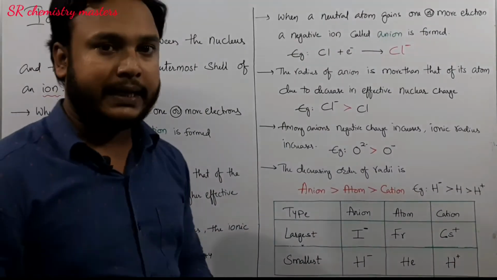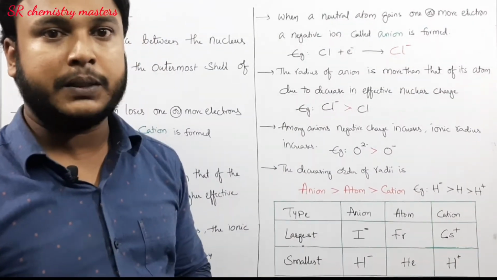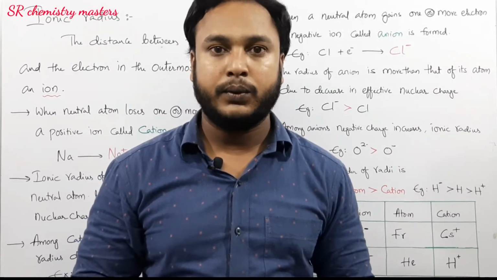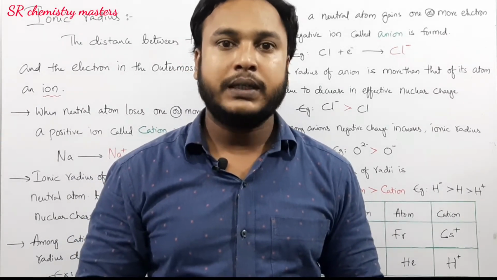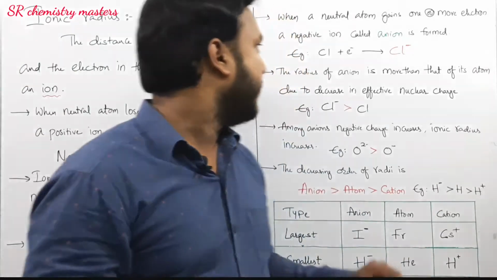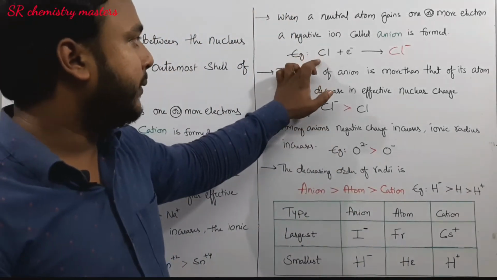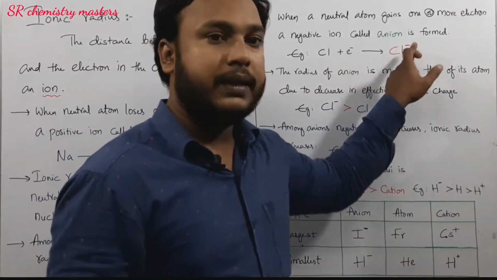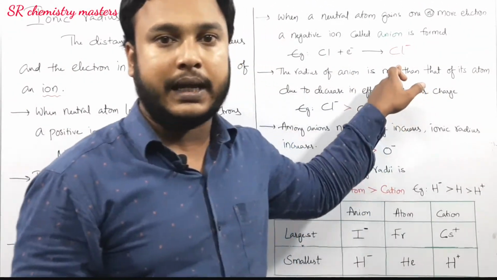Let us see anions. Anions are nothing but when a neutral atom gains an electron, it gets converted into a negatively charged particle, which is considered as anion. For example, the chlorine atom, after gaining an electron, gets converted into Cl-. Here Cl- is nothing but anion.